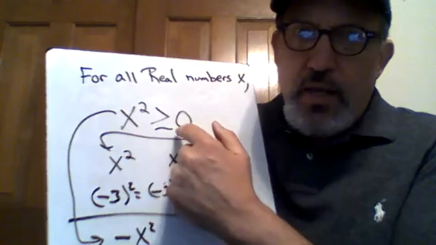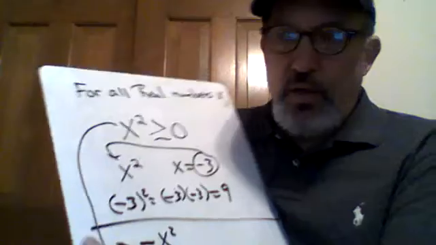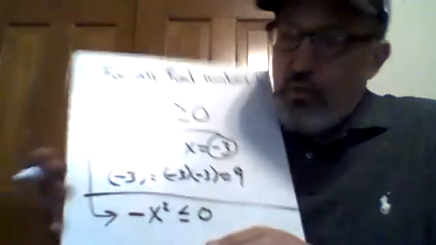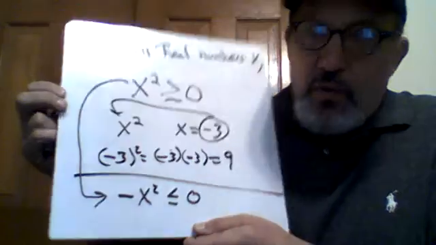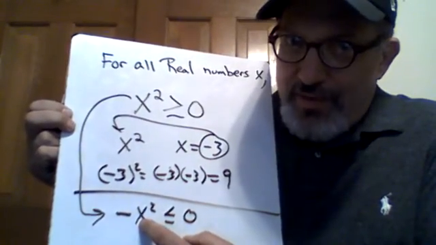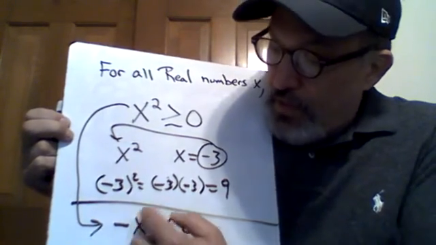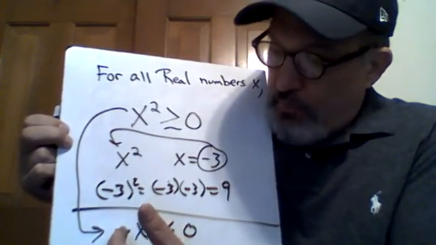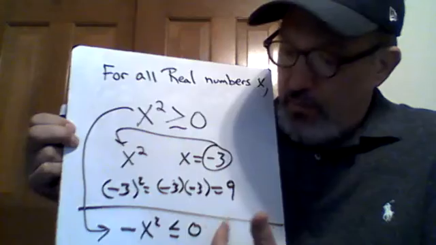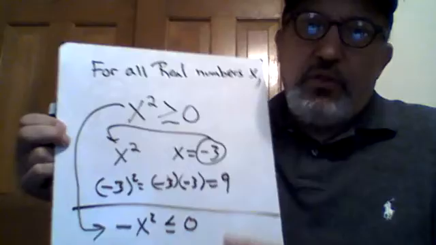If x squared is always greater than or equal to 0, then the opposite of x squared is always going to be less than or equal to 0. In other words, this, with the minus sign in front of it, can never be positive, because the x squared itself can never be negative. So let's say it's positive. Put a minus sign in front of a positive number, you've got a negative number. You've got something less than or equal to 0. And of course, if x is 0, the opposite of 0 is still 0.